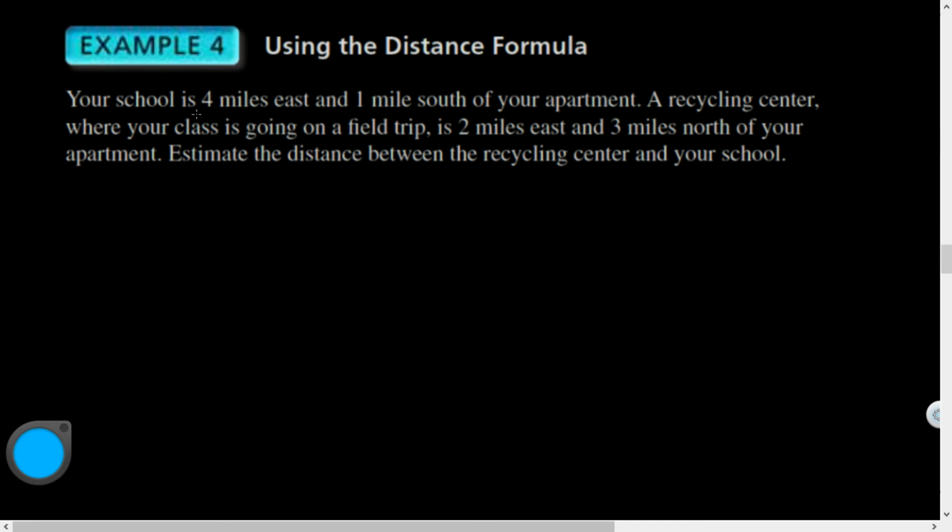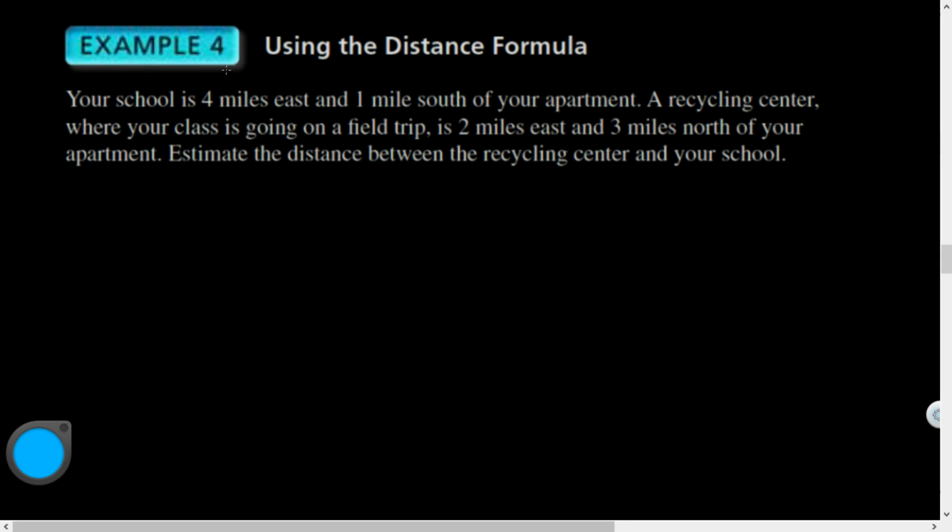All right, so it says your school is 4 miles east and 1 mile south of your apartment. A recycling center where your class is going on a field trip is 2 miles east and 3 miles north of your apartment. Estimate the distance between the recycling center and your school.